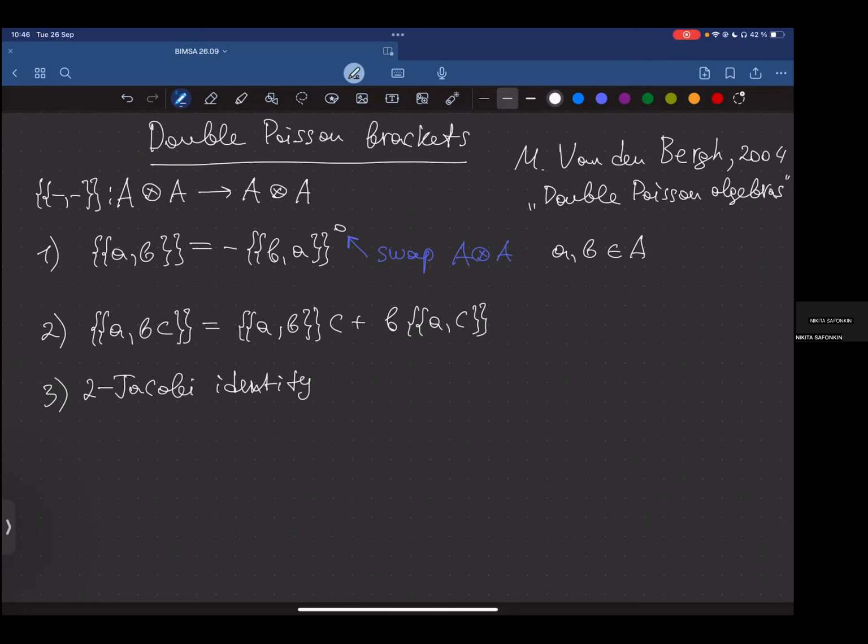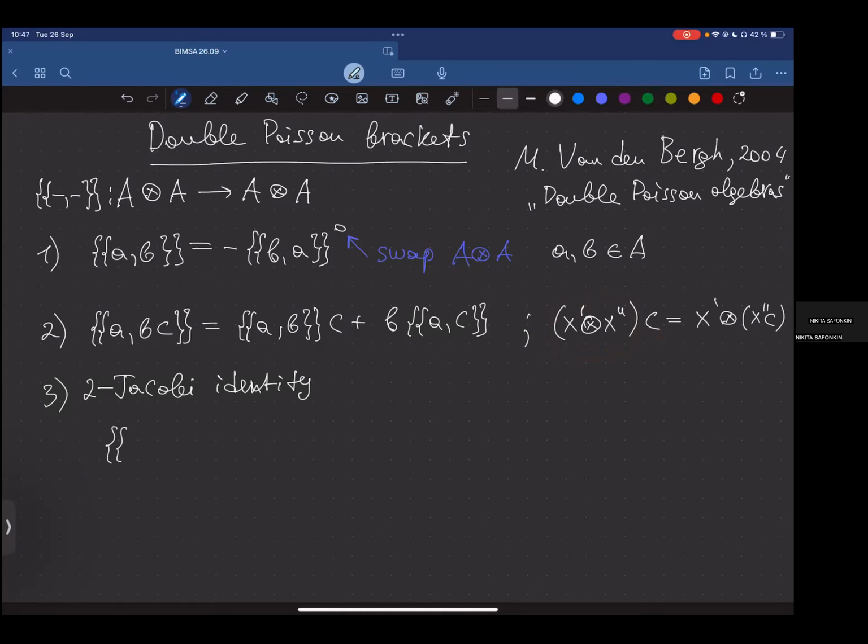Oh, I haven't said what this notation means. Here, this double bracket of A and B is an element of the tensor square of A, and we multiply it by C from the right. So this means that if we multiply some element of the tensor square from the right, then we just put this C onto the right factor.